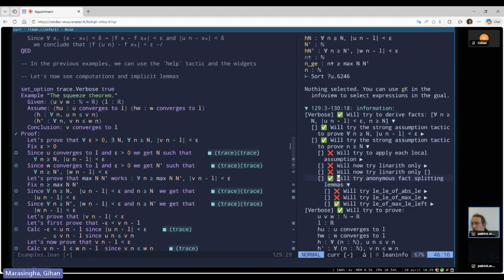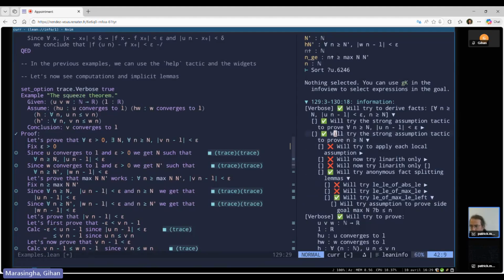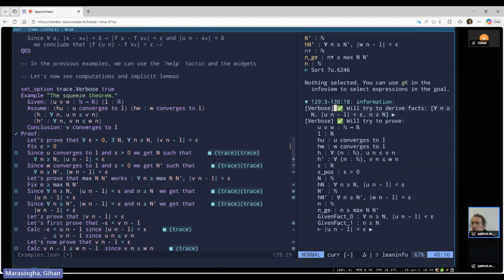So this is where the system is trying to apply lemmas that were registered by the teacher. And the lemma that succeeded was LE of max LE left. And so that's how you see what the tactic was doing. And after deriving those facts, it proved the goal using only those facts, and that worked easily.